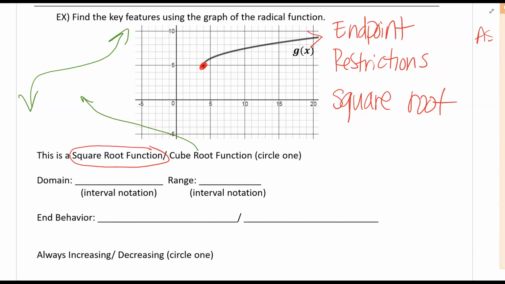Alright, so with my highlighters, I'm going to stick to blue for the domains. So whatever color you use for domain, just stick to it so that you know that's what you're using for the domain. The key thing here is you're going to drag your curve to the x-axis, okay? So I'm going to take my endpoint and drag it to the x-axis, and put the endpoint right there.